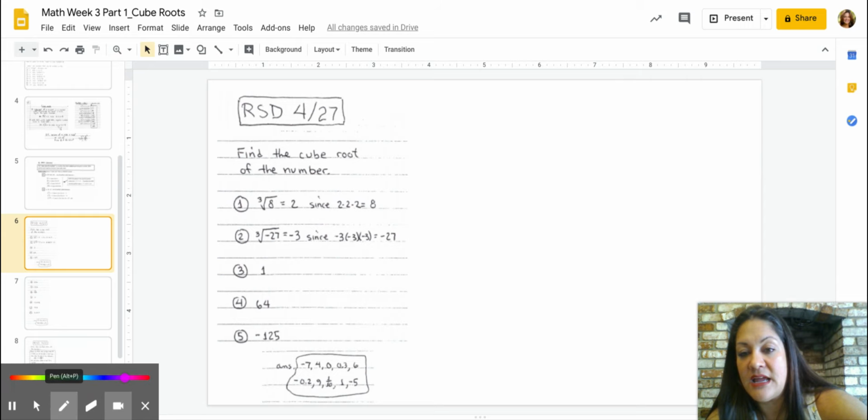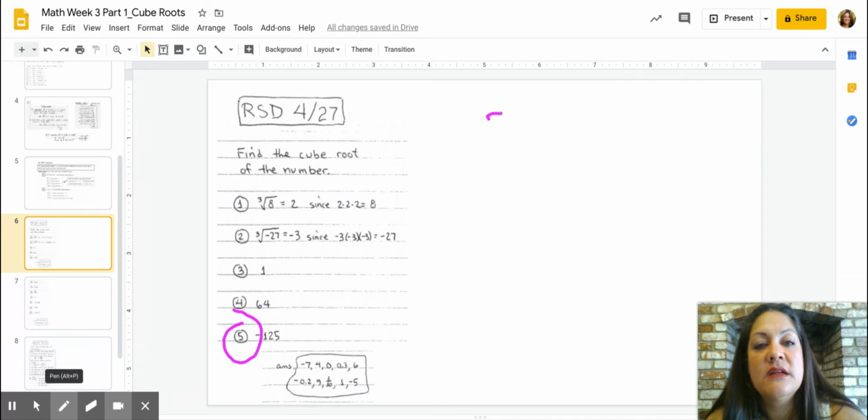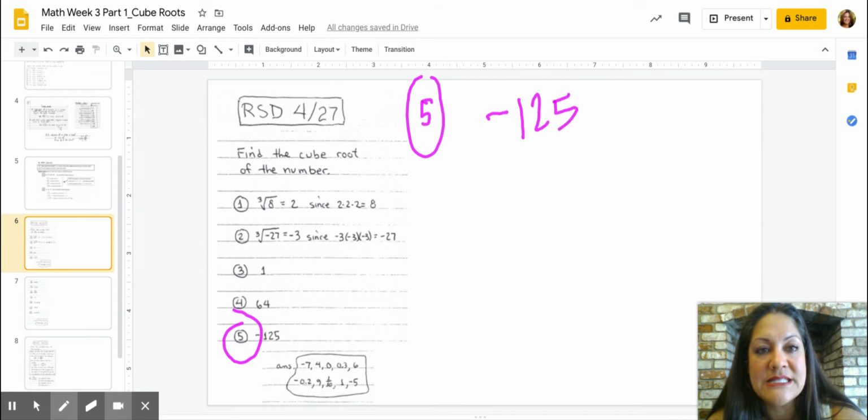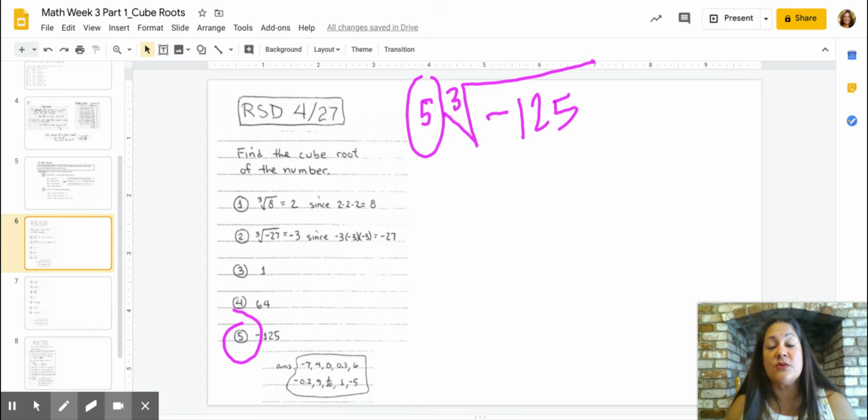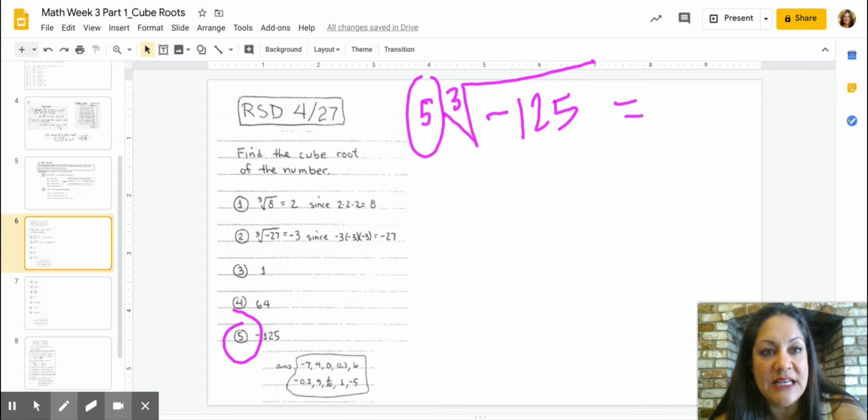Number 5. We have a negative 125 and we want the cube root of that. So the cube root of negative 125 is going to equal negative 5.